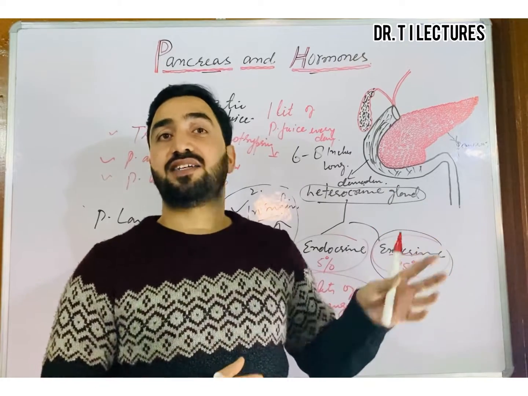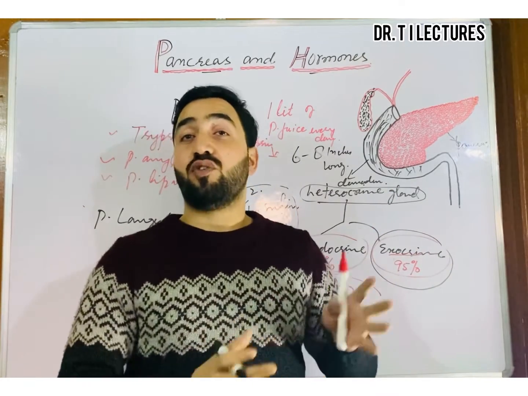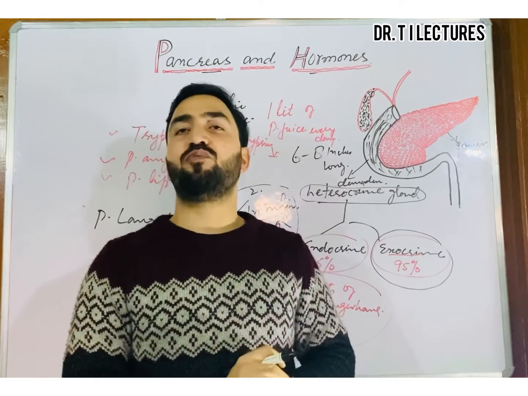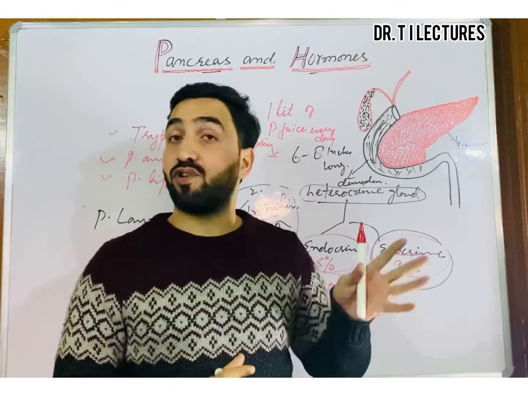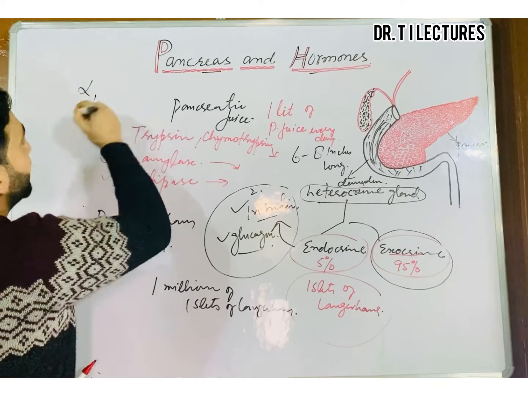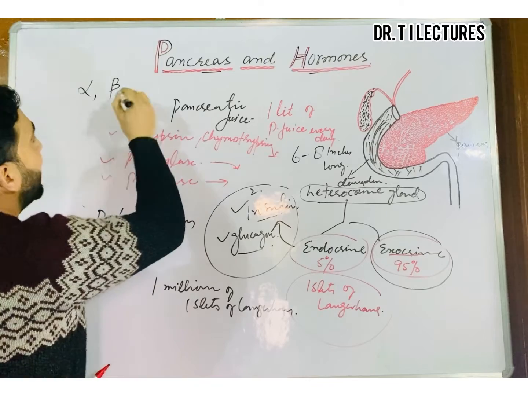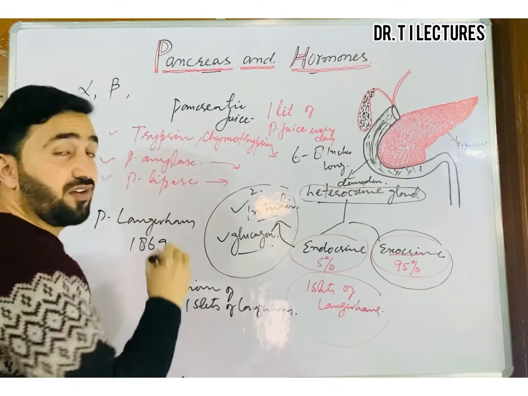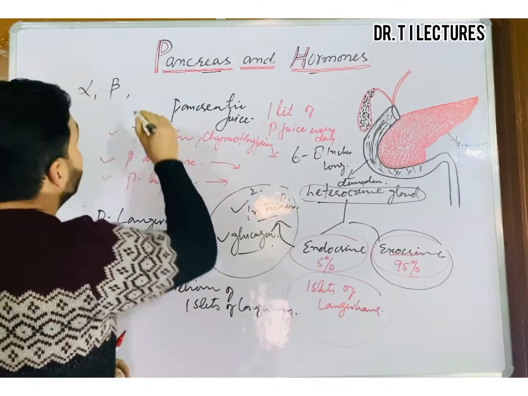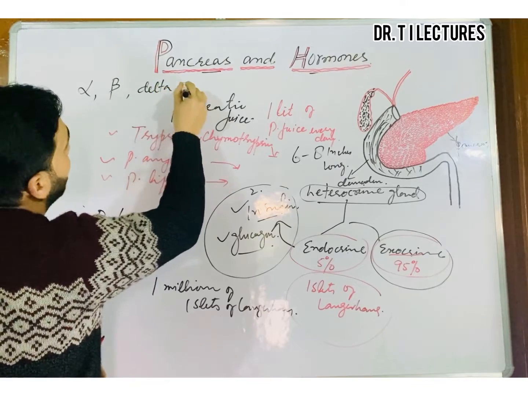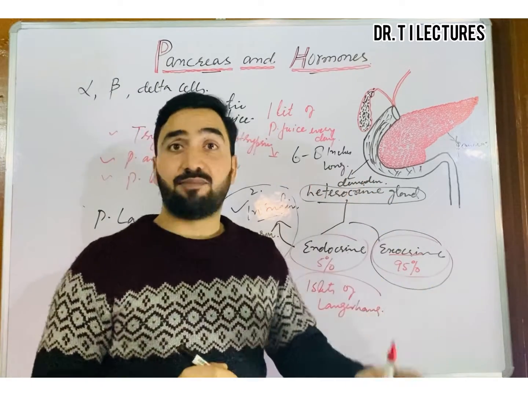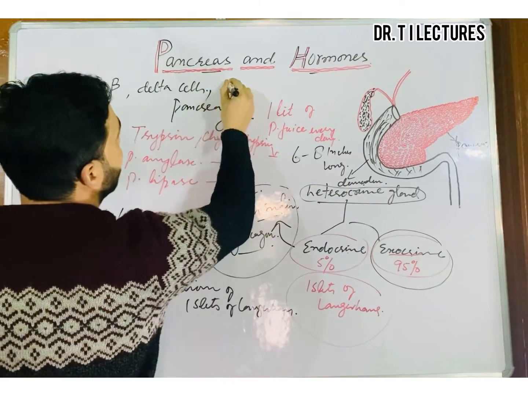These islets of Langerhans are composed of four important cell types: number one, alpha; number two, beta; number three, delta cells.